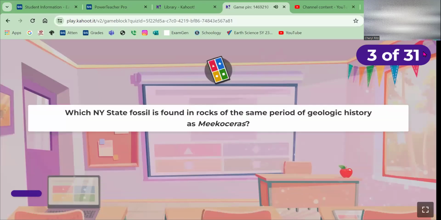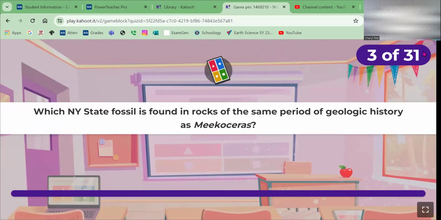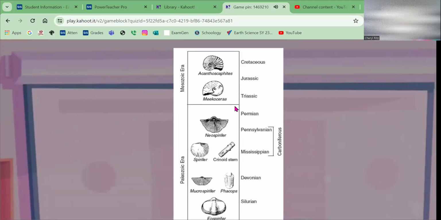Which New York State fossil is found in the same geological period as this thing? I think you need to see the picture for this.